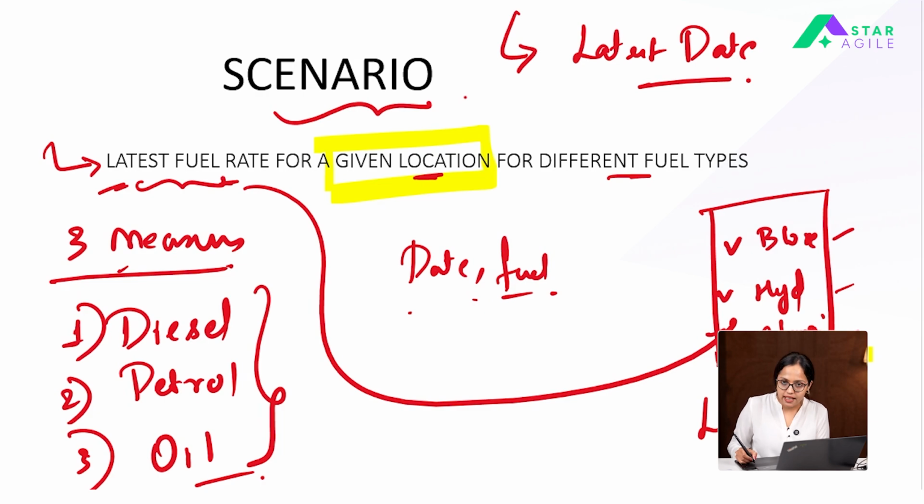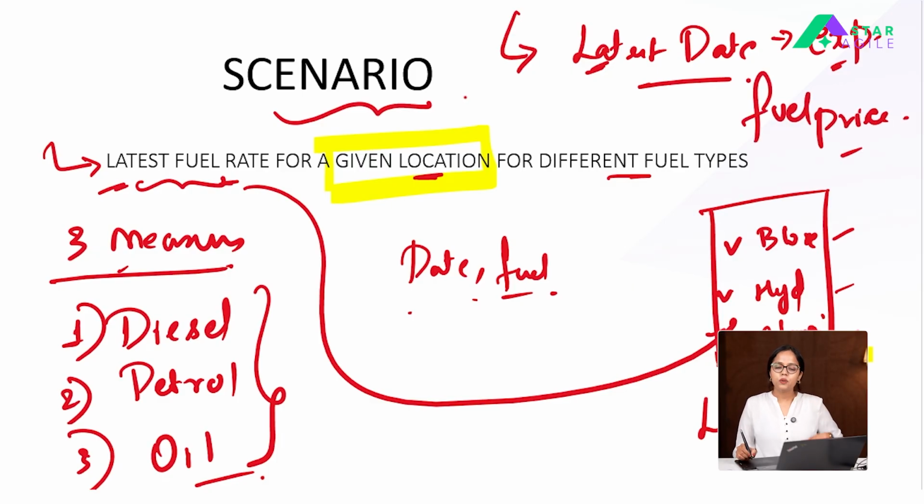And this latest date is going to get reused. Firstly, you have to write an expression in order to calculate this latest date, post which you are basically using this latest date in order to fetch the fuel price. So tell me one thing, are you going to write the expression over and over again? No, right? So there is where your variables come into the picture.